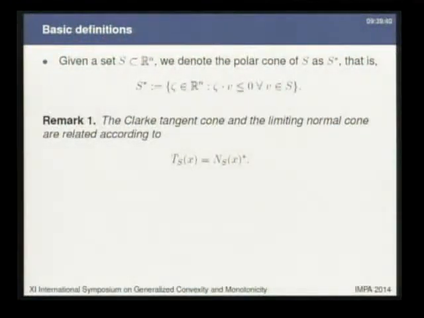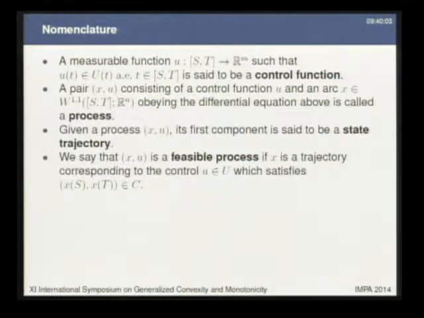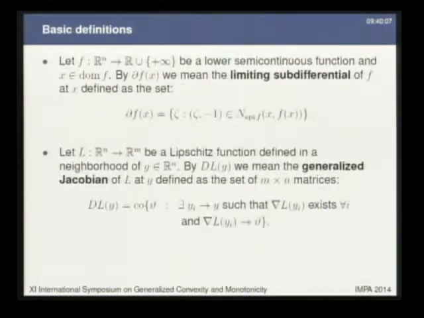This is convenient for us because of this relationship between the two cones, where star here denotes the polar cone. We will make use of the limiting subdifferential, which is defined in terms of the limiting normal cone, and also this generalized Jacobian, which is defined as this set of matrices.